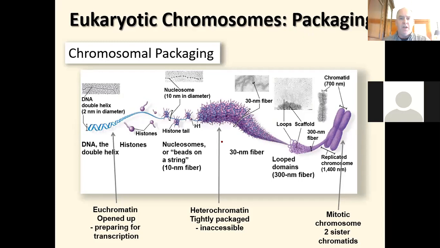So again, if you've got a gene in here somewhere, there's no way a transcription factor can bind to it. But if it's over here in this euchromatin section, then your transcription factors can bind to it.